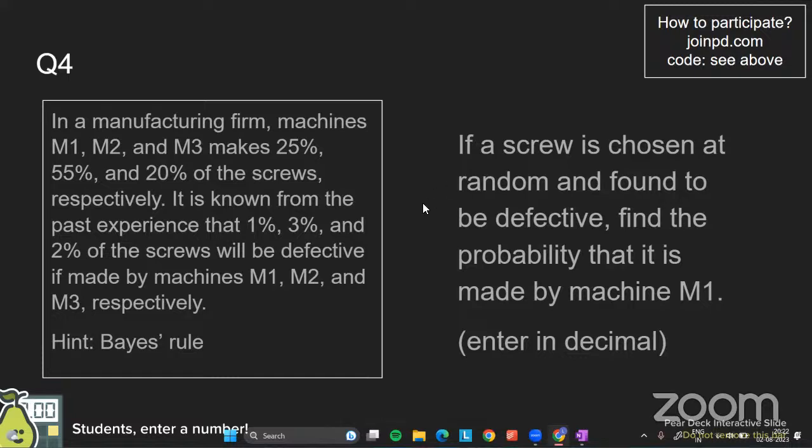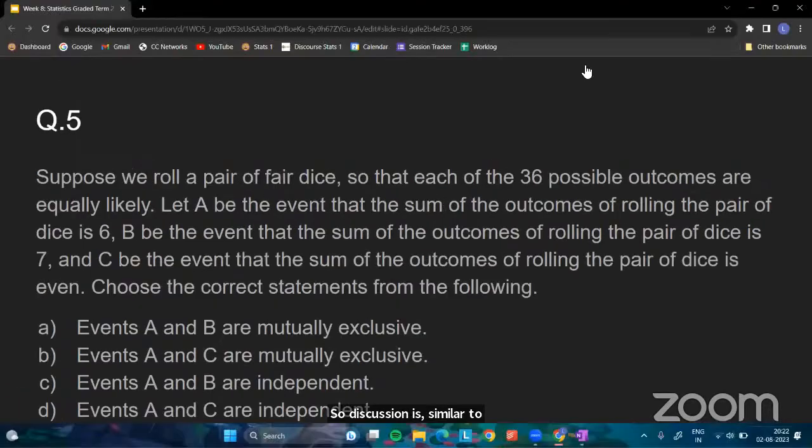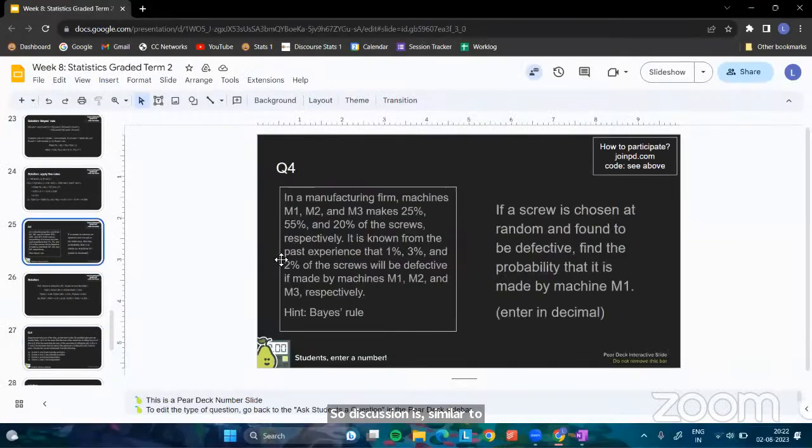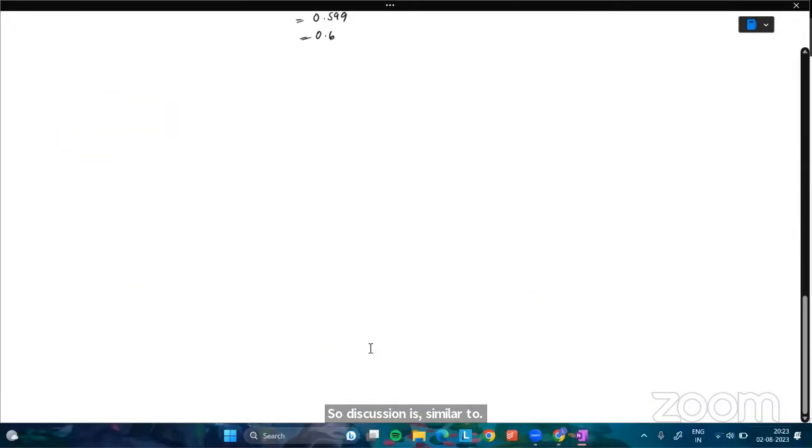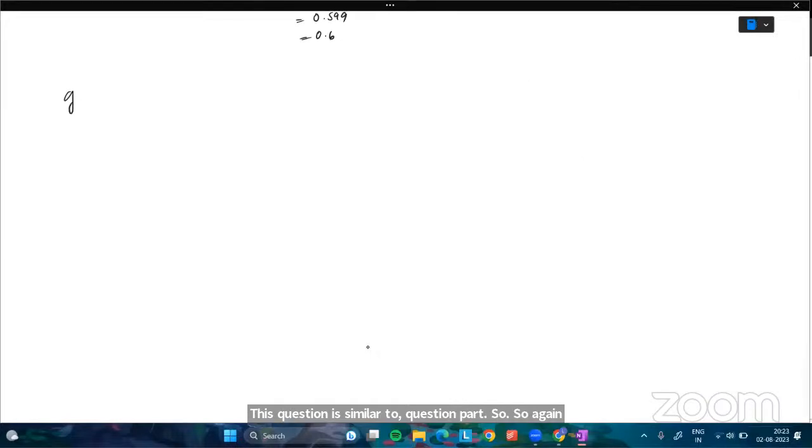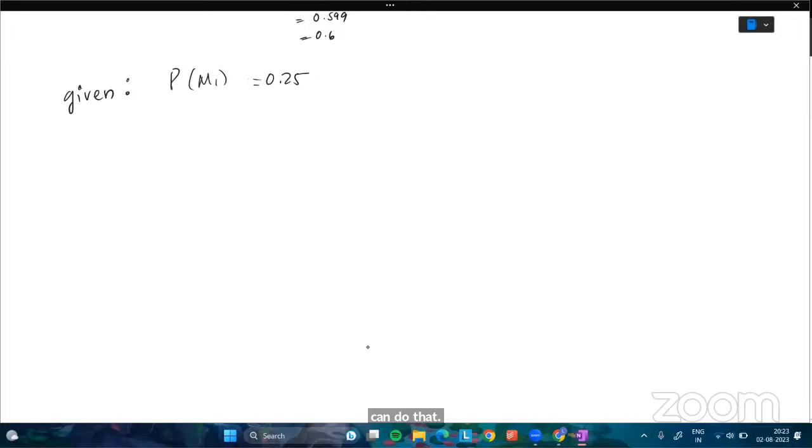This question is similar to prelude 1 to question 4. Again, let's write down what is given to us. So probability of M1 is 0.25.